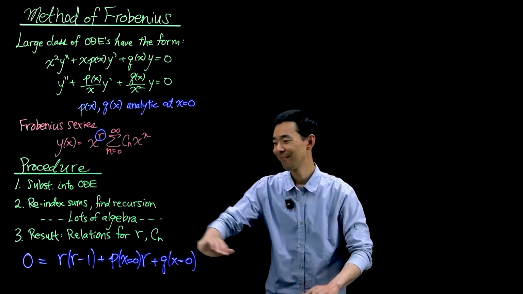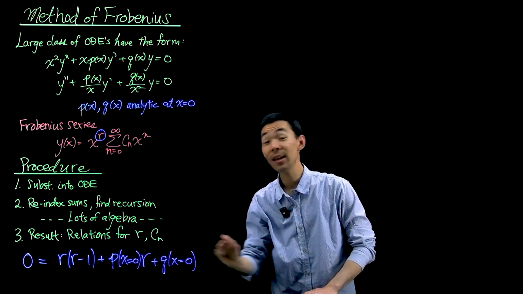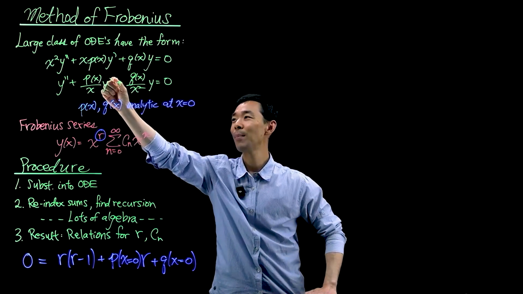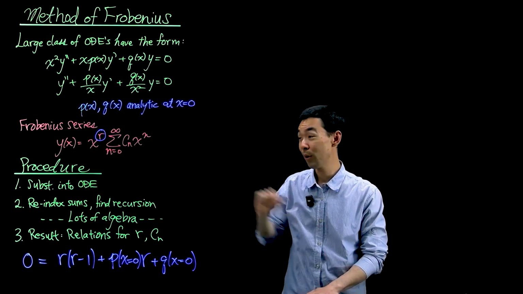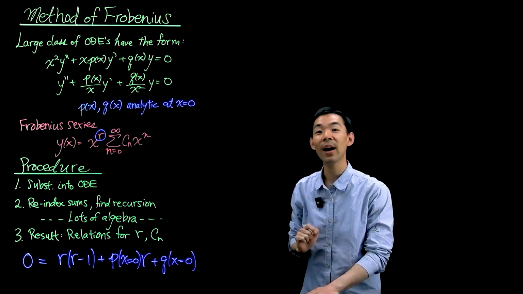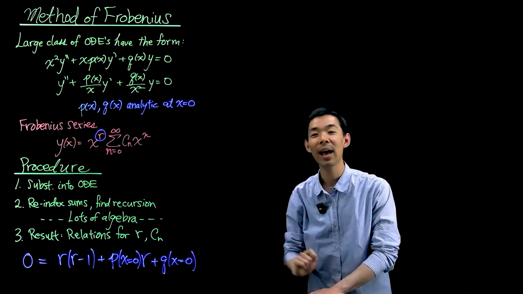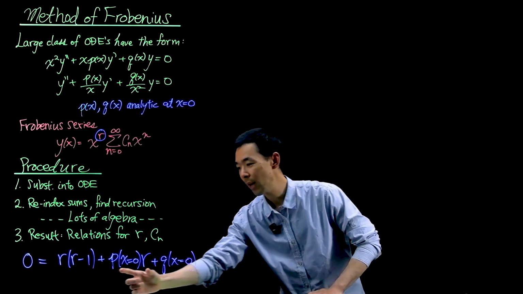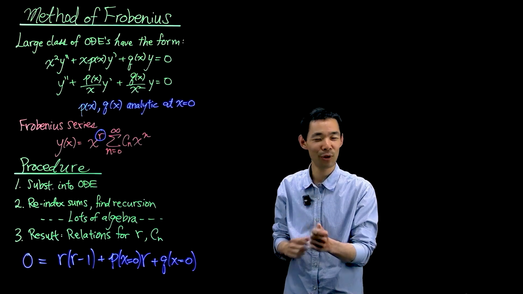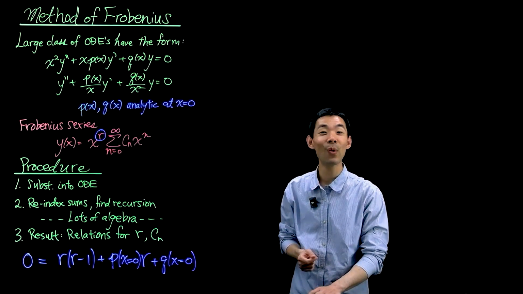Just like that: 0 is equal to r times r minus 1, plus p, this p right here, the coefficient in front of your y prime, excluding the 1 over x, so p evaluated at x equal to 0, times a factor of r, plus this last term q, this other coefficient, evaluated at x equal to 0. So both q and p are just going to be numbers because they're functions evaluated at a specific point. And this whole thing will just be a quadratic equation for r.